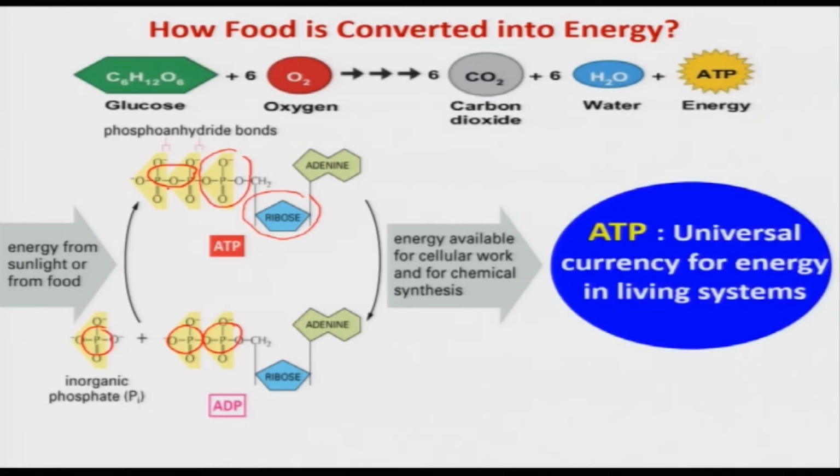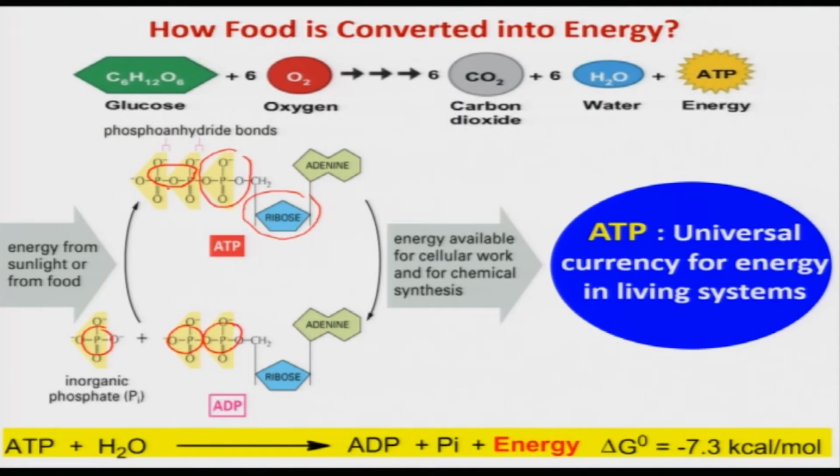So, ATP is the universal currency for energy in living systems, and when you need it, ATP converts to ADP plus inorganic phosphate Pi and releases energy, and delta G0 is minus 7.3 kcal per mole, which is a lot of energy, and this energy is utilized for our day to day activity. Even what I am talking in front of you, I am spending energy.